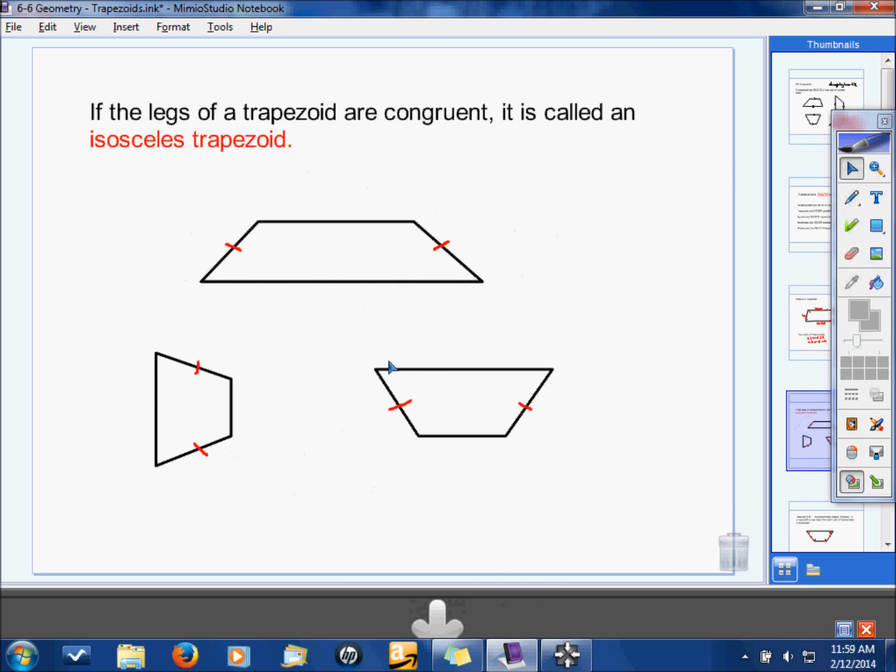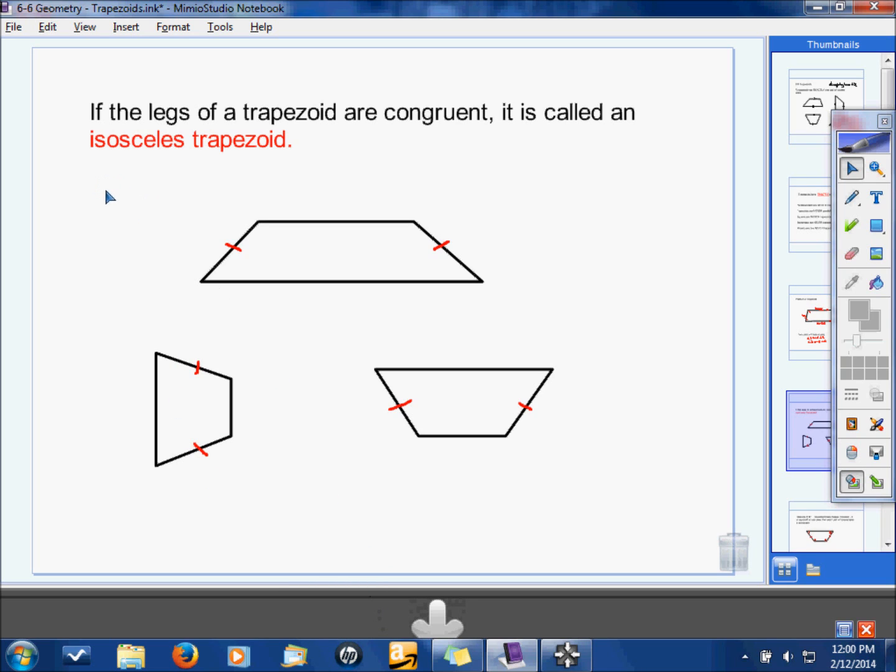If the legs of a trapezoid are congruent, then it's an isosceles trapezoid. Now I put a whole bunch of examples. You don't have to draw that many of them, but I have a whole bunch of them just to show it doesn't matter if it's turned sideways or upside down. Even though this isn't technically upside down, a lot of times we think of it as upside down. No matter which way it's turned, it's still isosceles as long as the two legs are the same length.